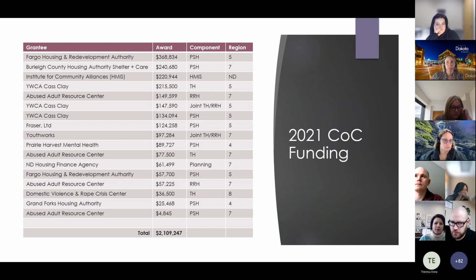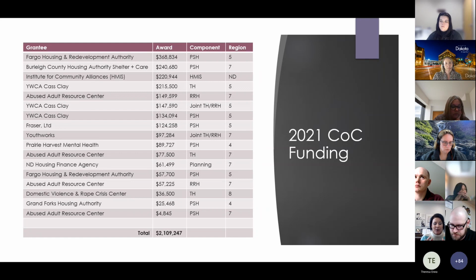Each year there are opportunities for new projects to apply through a reallocation process of renewal projects, and we do get bonus funding. Now, that doesn't always mean that HUD will award the bonus funding. For the past couple of years, HUD has had domestic violence bonus funding, and a lot of it depends on how we score in the overall competition with all the other COCs.